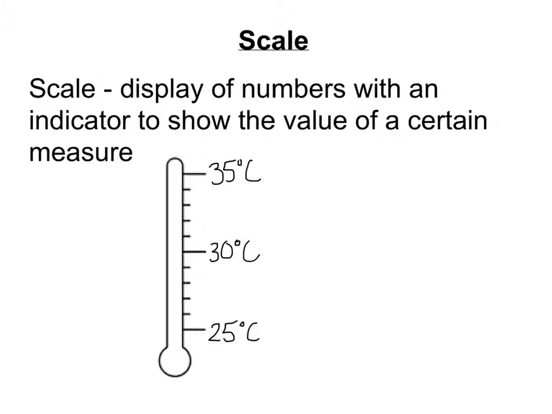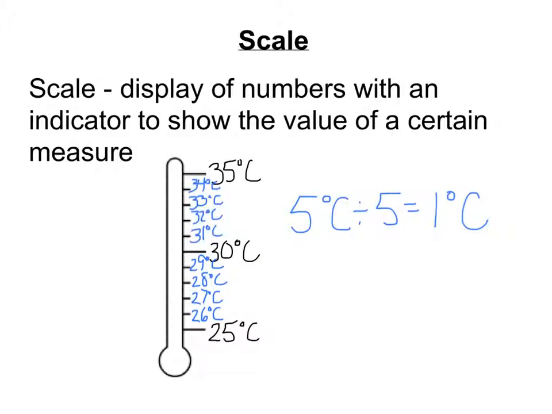So a change of 5 degrees Celsius happens in 5 jumps, which means each one of those little tick marks, those little jumps, is 1 degree Celsius. So that makes this 26 degrees Celsius, this is 27 degrees Celsius, 28 degrees Celsius, 29 degrees Celsius, and so on.